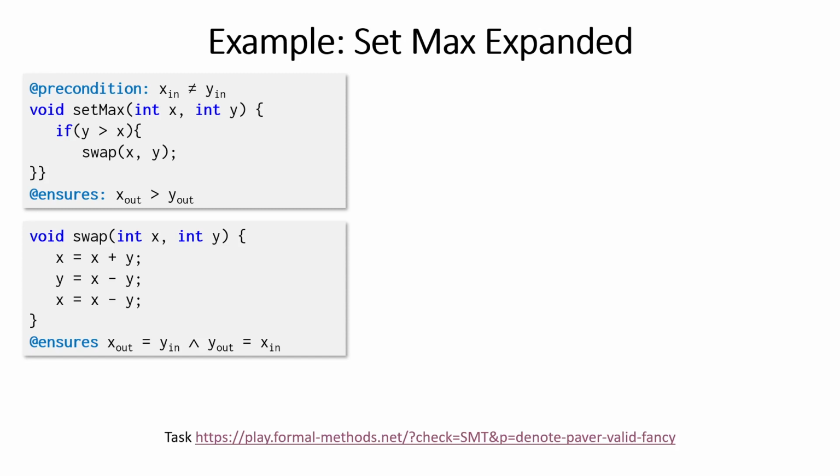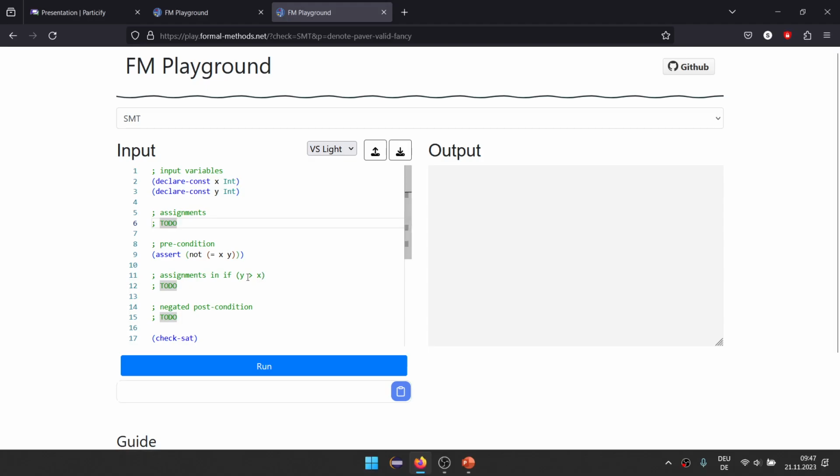Okay. Yeah, so let's do that. Do we need any assignments, like single static assignment variables? Probably, right? Let's keep that for now. The precondition, yeah. So now let's do this.